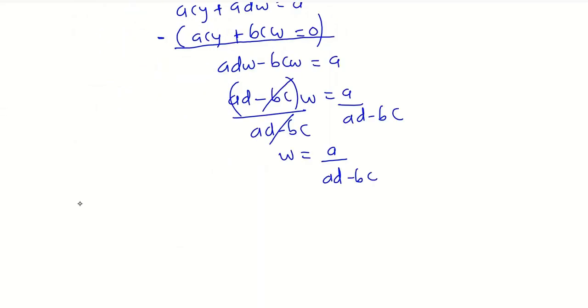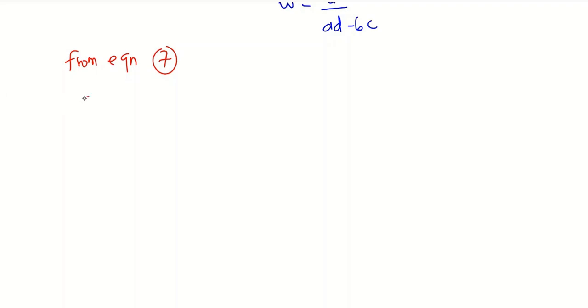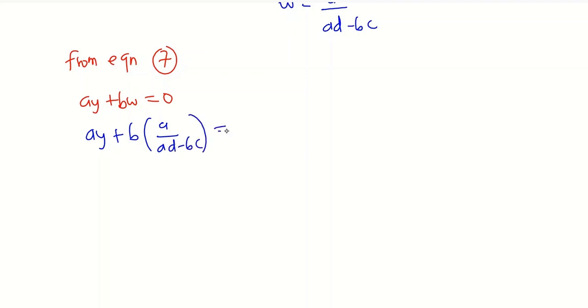So from equation 7, we know that AY plus BW is equal to 0. When we substitute the value of W into this equation, we have AY plus B, that is A out of AD minus BC, to be equal to 0.